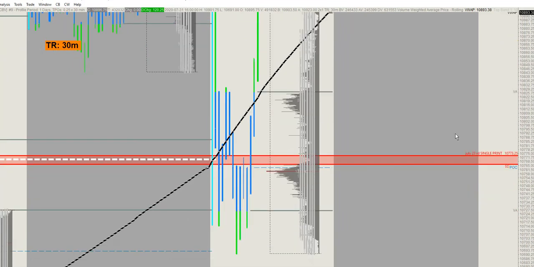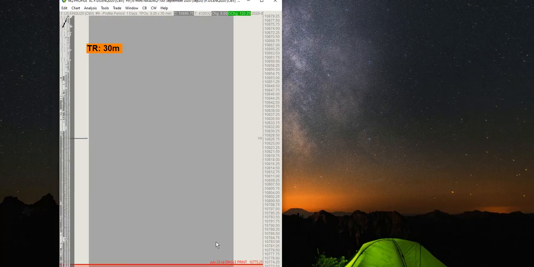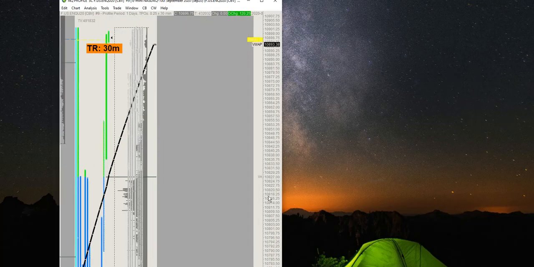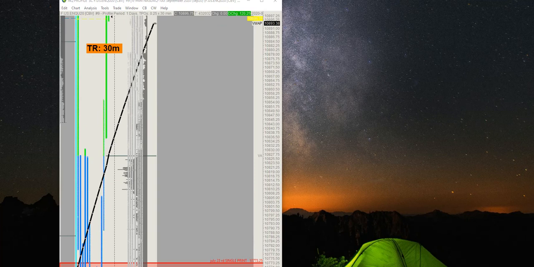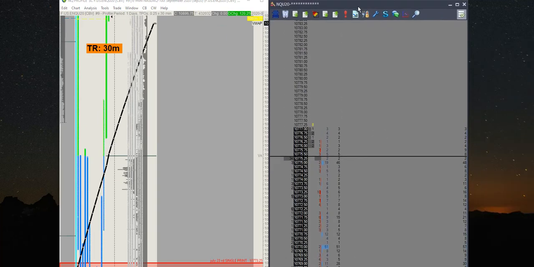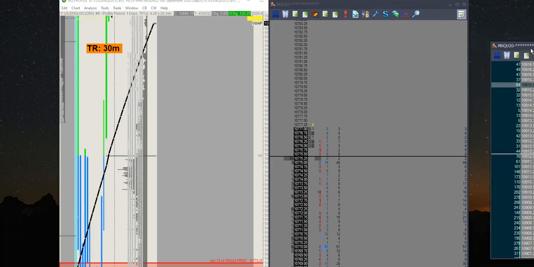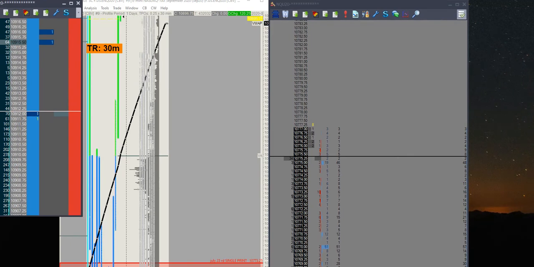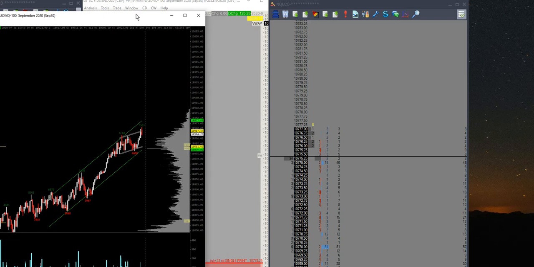The way I trade, it's mostly the profile of NASDAQ on one side, and then I have my Jigsaw DOM, like I said. Most of the time I'll trade NQ, but I do have the micro NQ as well. I normally put the micro here, I have my profile, and then I'll sometimes glance at my regular NASDAQ quick chart, which I just have in black, to see how we're moving.